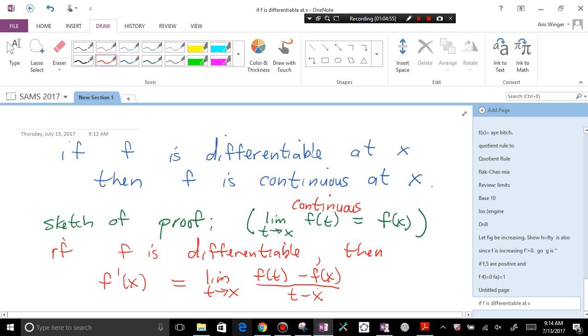That's the definition. Now, what do I know about this limit? Does this limit exist? Why? Because f is differentiable, right?